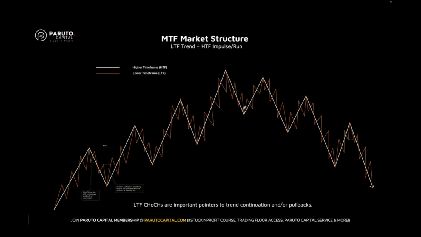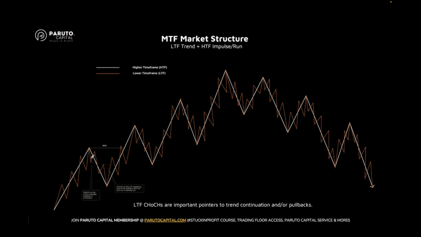It pulled back up here, did not take out this high, and then broke this structure, and this is a change of character, right? You already know that. With a change of character, we expect it to pull back a little bit, it pulls back a little bit, and then continues the move downwards.